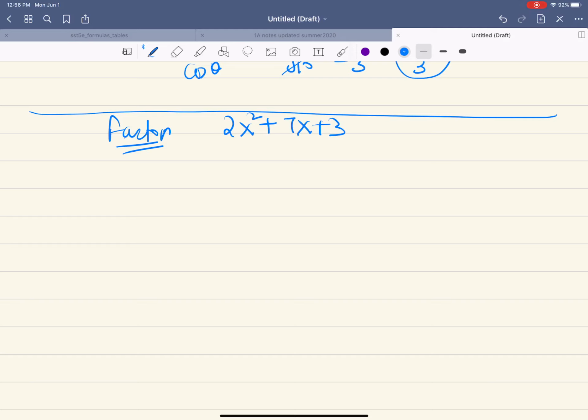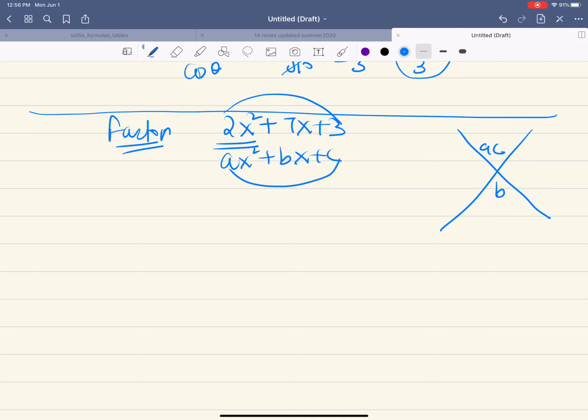I want to factor this equation. We don't have a GCF. The first thing you want to do, if there's a GCF, is pull it out. Looks like there's none in this case. So compare it to ax squared plus bx plus c. I call it the bottoms up method. I draw an x. A times c goes on the top, b goes on the bottom.